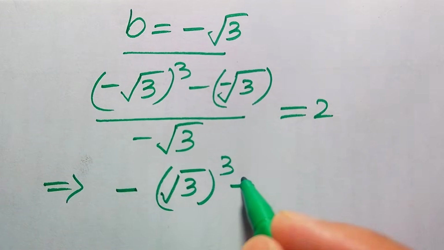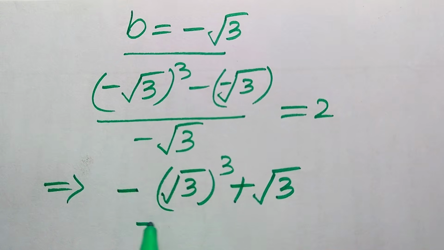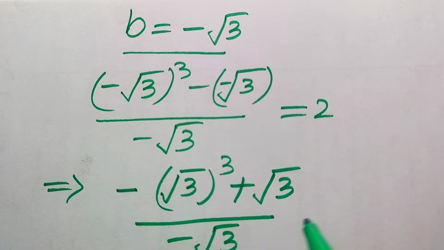Minus times minus becomes plus square root of 3, divided by minus square root of 3, equals 2.